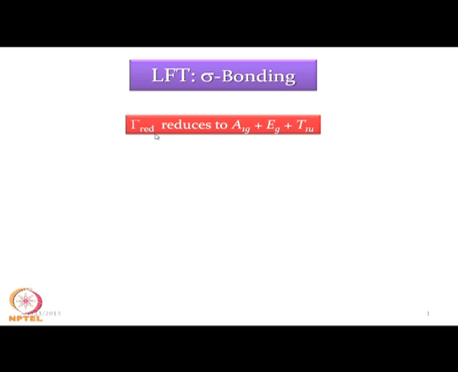So, the point group symmetry, which is Oh, can immediately tell us that the molecular orbitals available from the metal side as well as from the ligand side are of these symmetry levels.